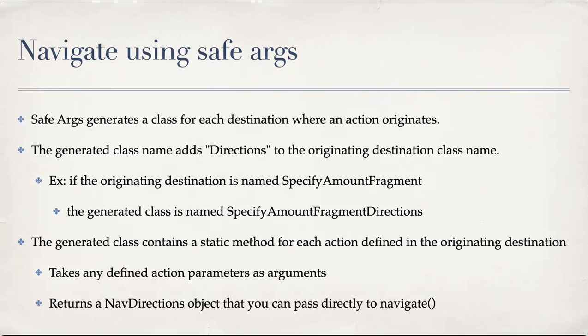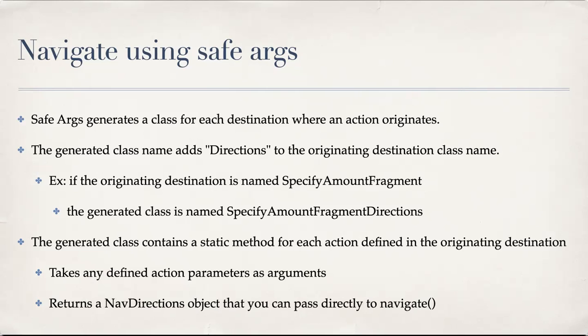That generated class then contains a static method for each action. So if it has actions 1, 2, 3, it will have a method for action 1, action 2, and action 3. And from there, it takes any defined action parameters basically as arguments, and it returns a NavDirections object that you can pass to navigate.